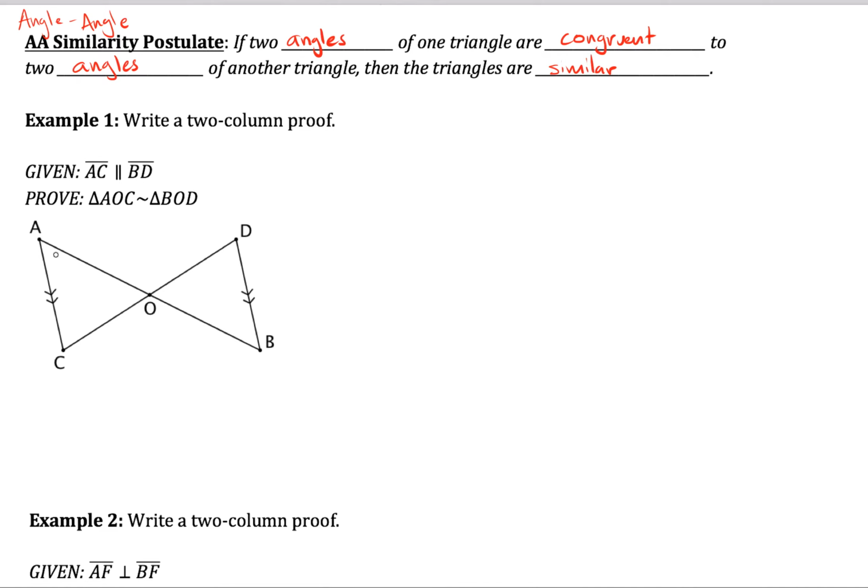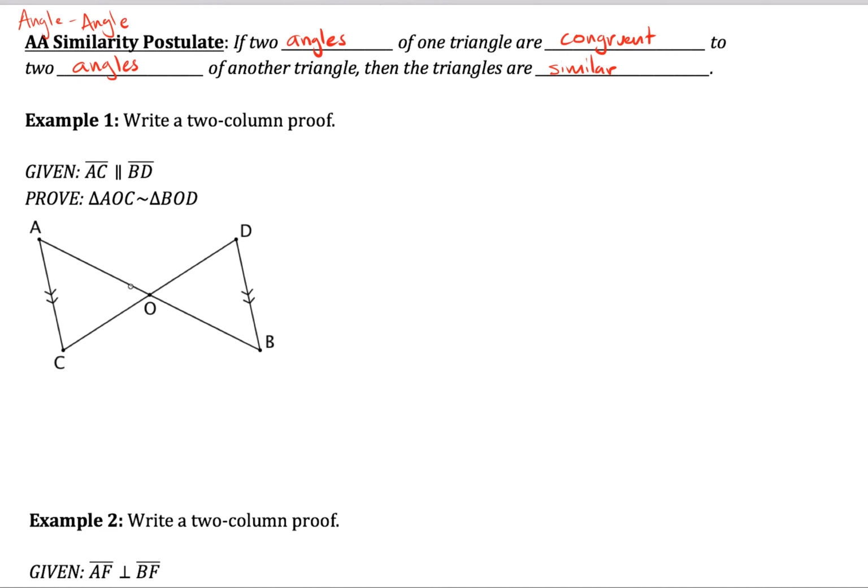So our mind should be going, well, if I have a set of parallel lines, how does that potentially lead to congruent angles? And since I have a couple transversals here that are connecting those parallel lines, or they're intersecting both the parallel segments, then you should start thinking about some of those special pairs of angles that will be formed when you have parallel lines cut by a transversal.